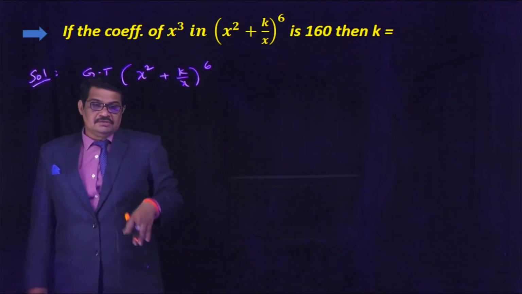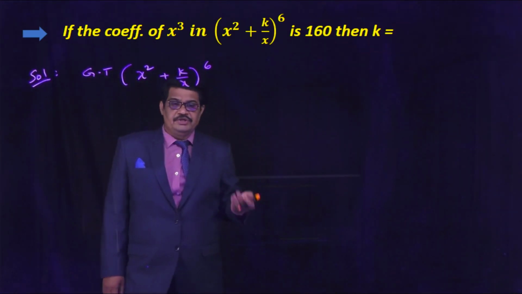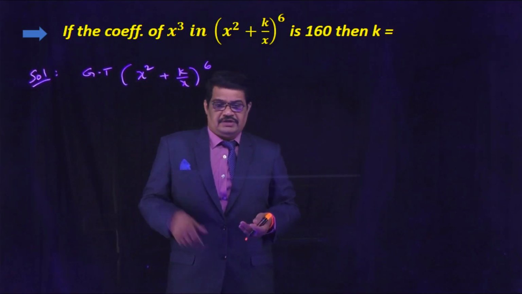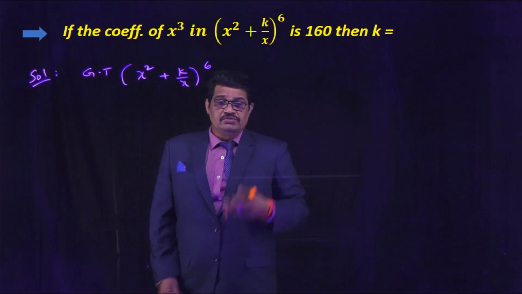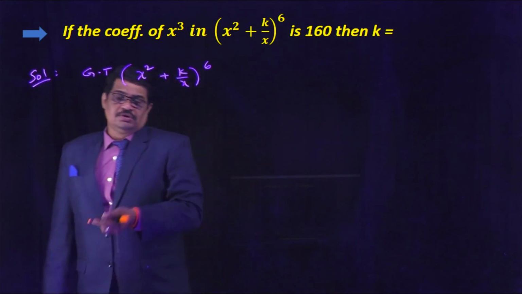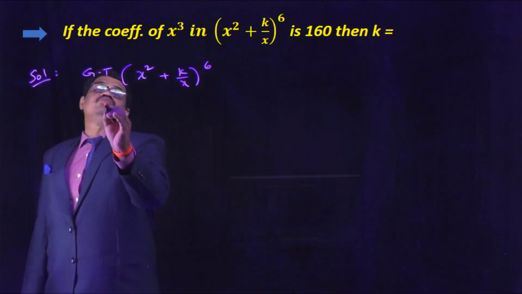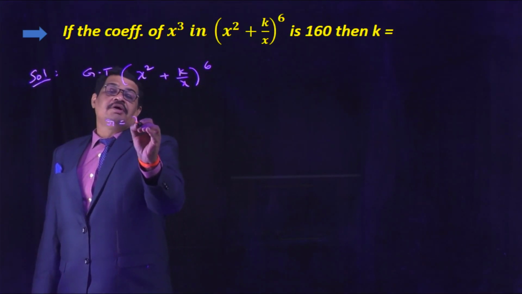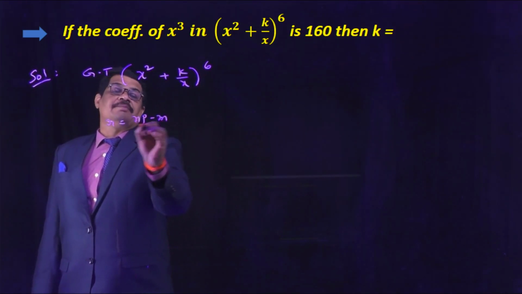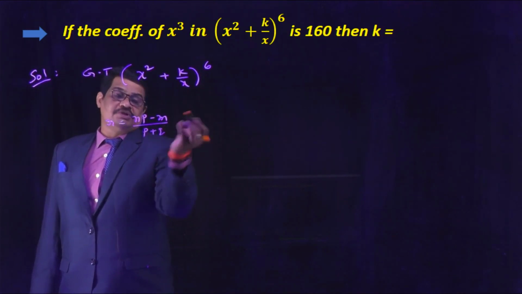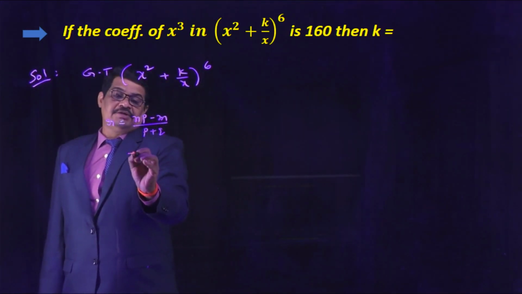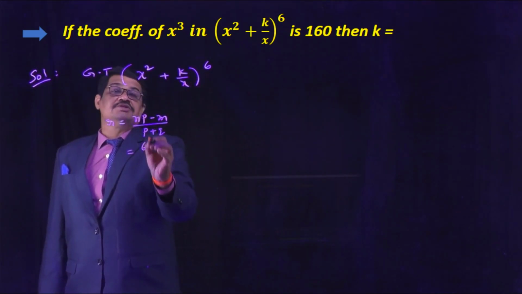In that the coefficient of x cube is 160. Now we are writing the coefficient of x cube. First we have to find r, using the previous shortcut formula, r is equal to np minus m by p plus q. Here what is n? n is equal to 6.